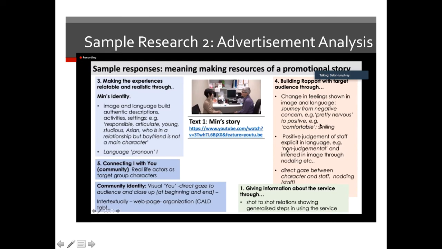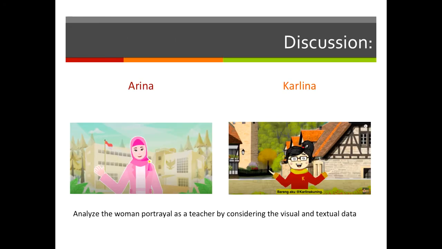So ada smiling gitu misalnya, showing comfortable, no judgmental, kemudian direct gaze, bukan direct look ya, direct gaze between character and staff, nodding, gitu, showing politeness. So again datanya bisa bermacam-macam.